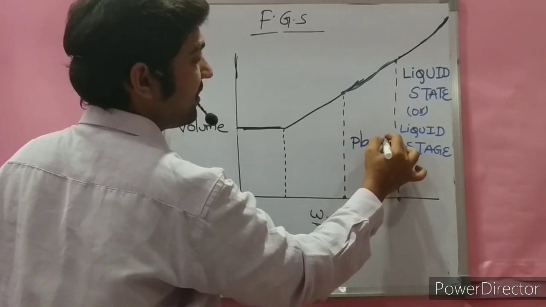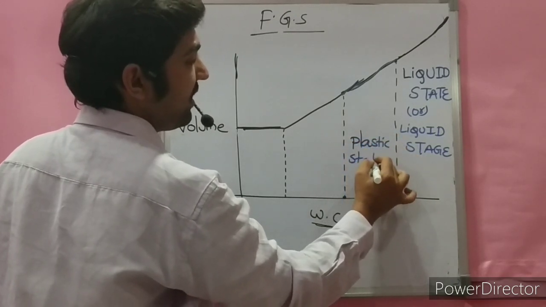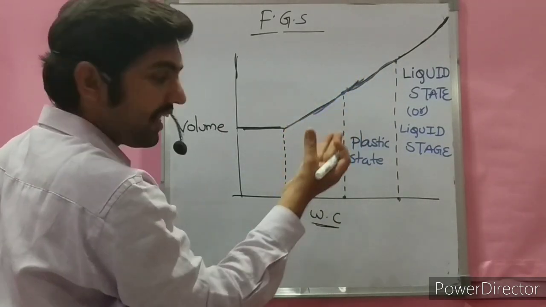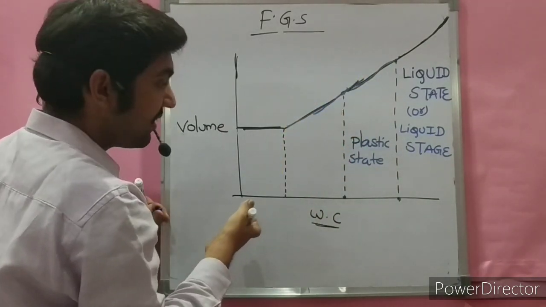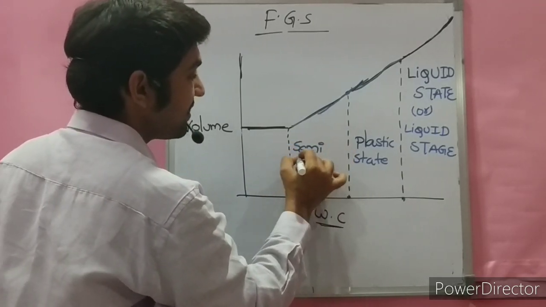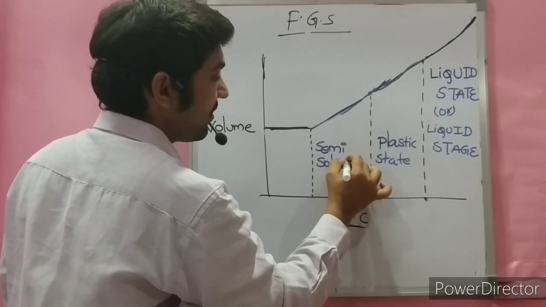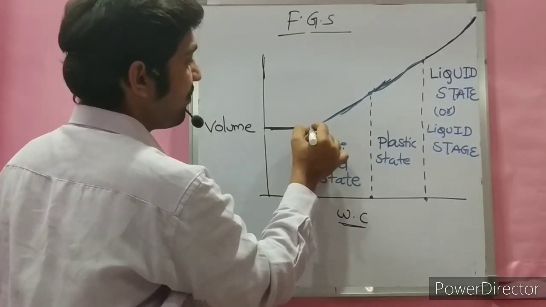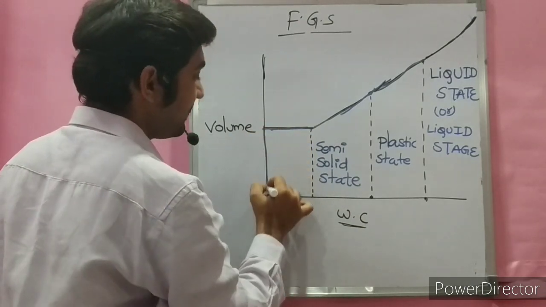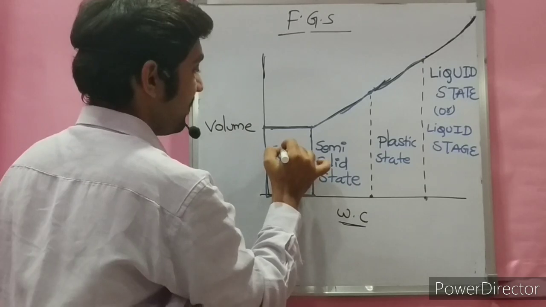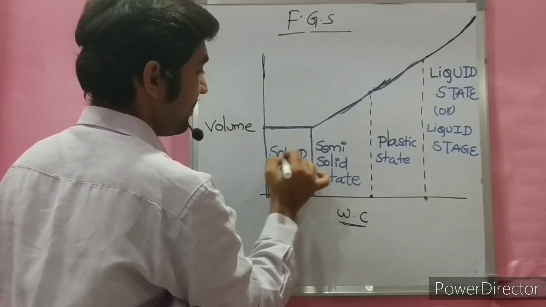Plastic state. Further you keep on drying, reducing the water content. Drying means reducing the water content. It converts into semi-solid state. After drying further, it becomes solid state.